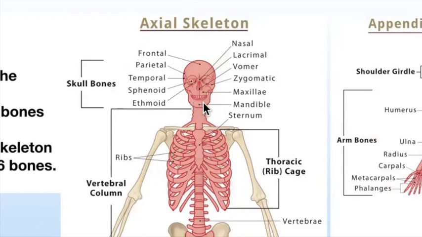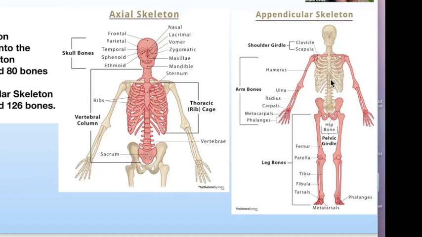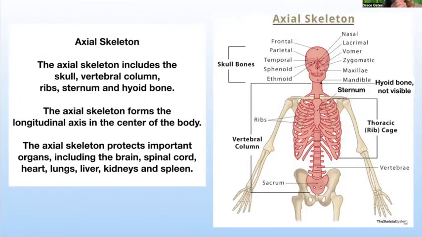And finally, just kind of thrown into this is the hyoid bone, which is under the mandible. It's a little horseshoe-shaped bone. Then the appendicular skeleton is shown here, again in orange, showing the shoulder girdle, the upper limb, the pelvic girdle, and the lower limb. And that will be the subject of the next lecture.